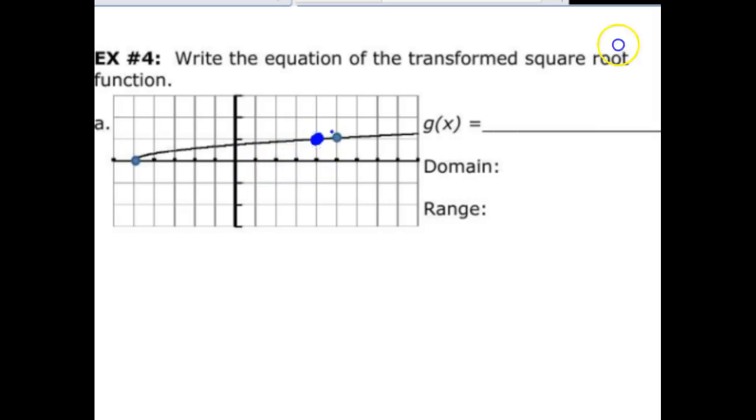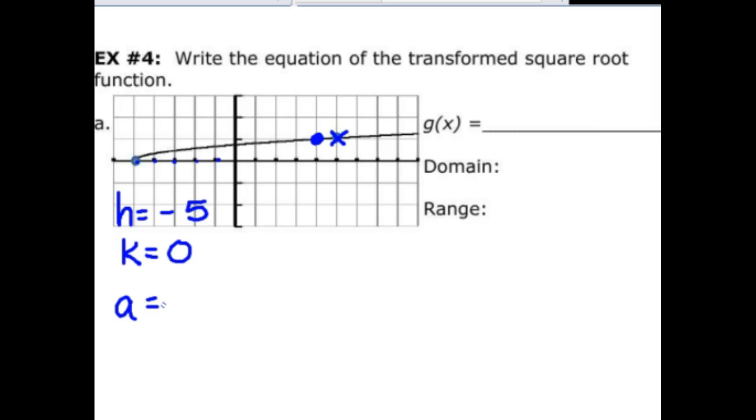It's supposed to be right here, not right there. Okay, so first of all, 1, 2, 3, 4, 5. The h is -5. The k is 0. And now we need to figure out the a.